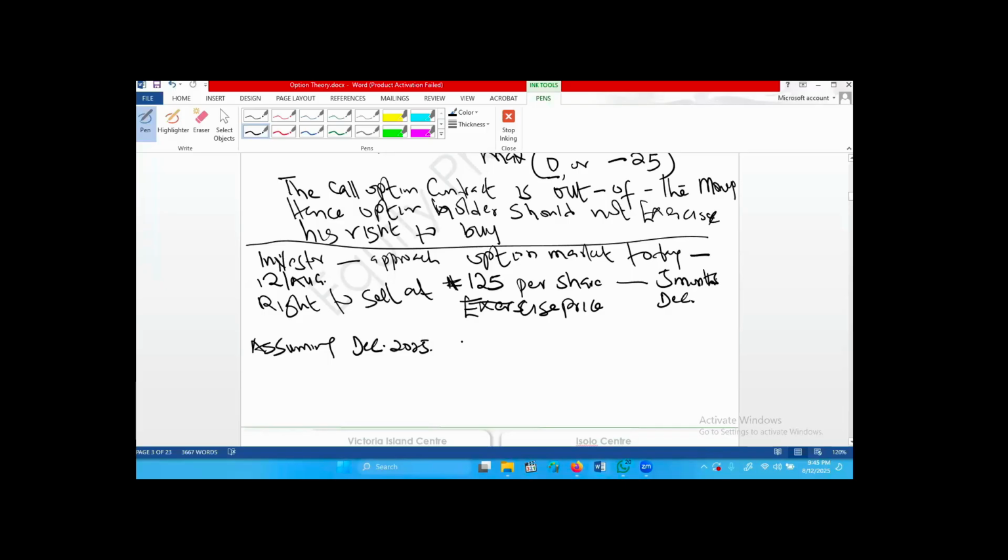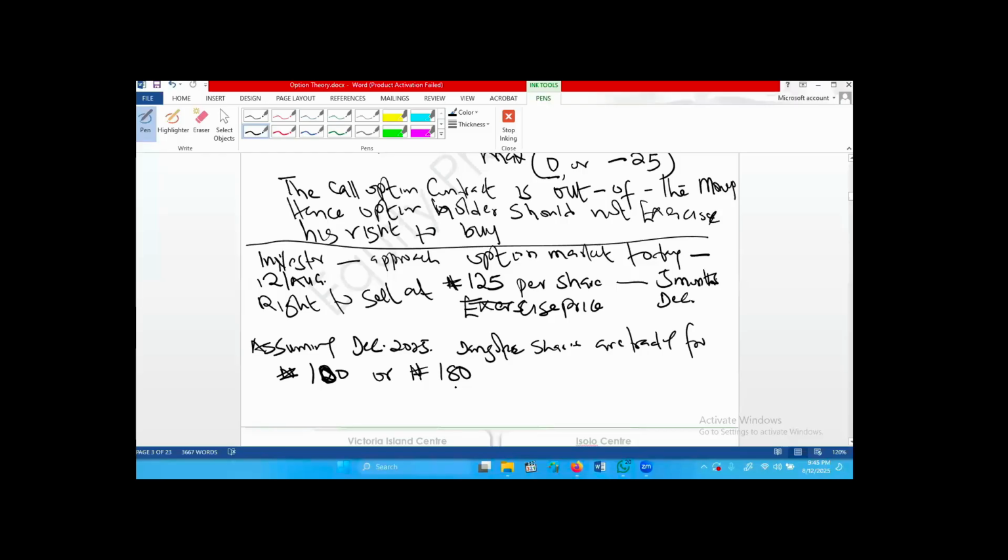Examiner says Dangote shares are trading for 100 naira or 180.